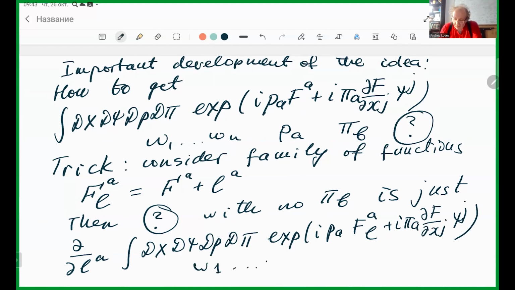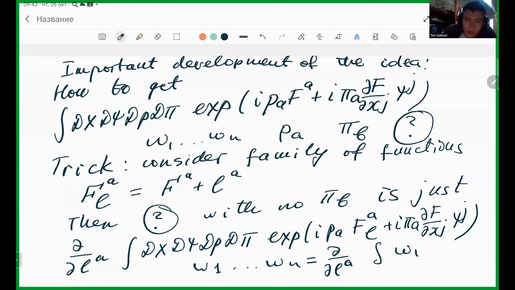And here I have omega 1, omega n. So it is just the derivative with respect to L. I'm sorry, what does it mean with no pi b? Suppose I am not inserting pi b.